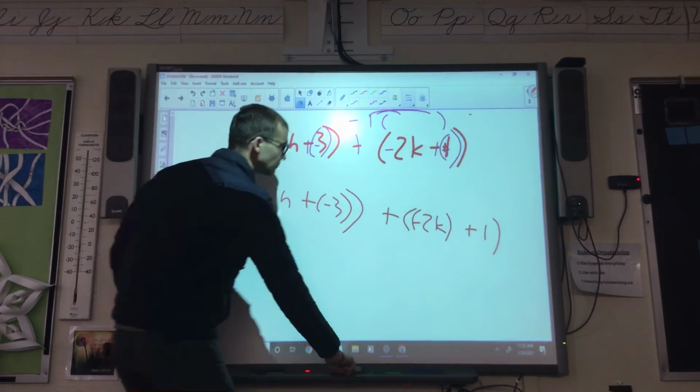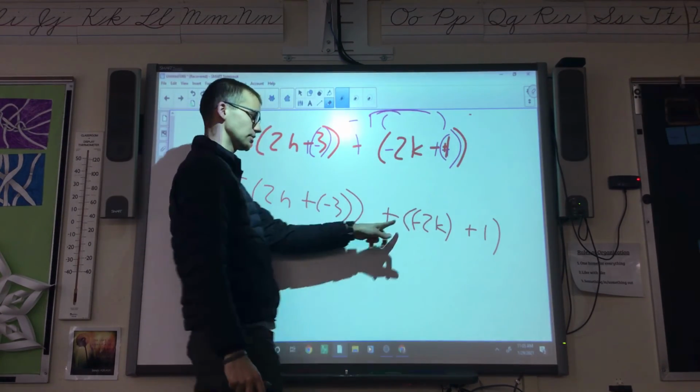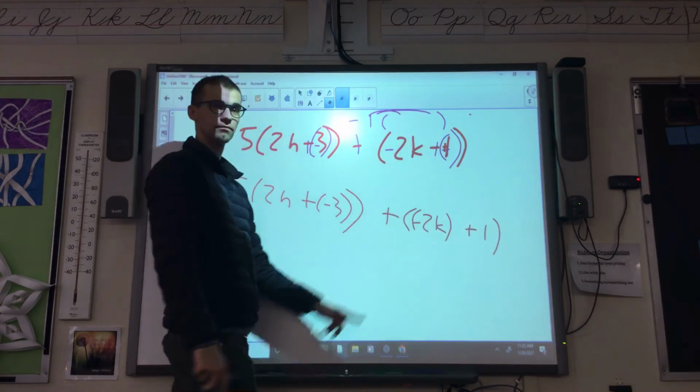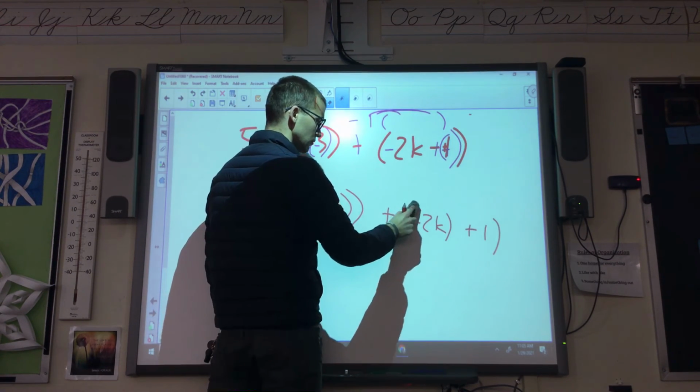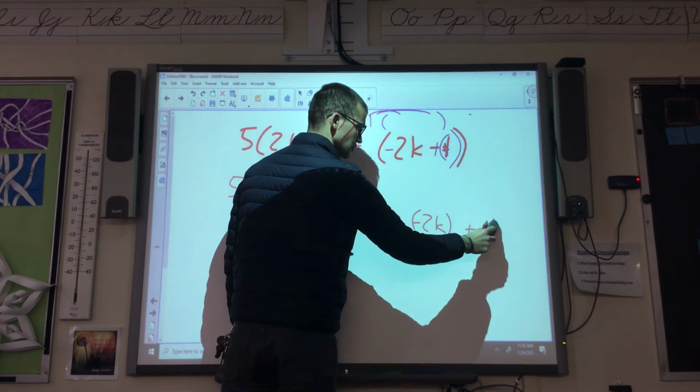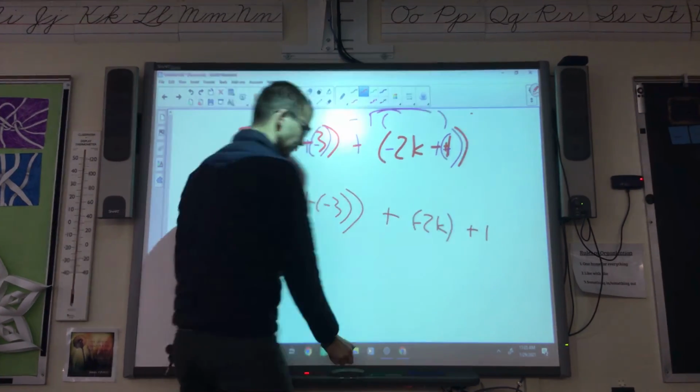And actually, is there any reason to keep these parentheses on the outside anymore? No, because you already distributed the negative, which was the only thing that there really was to distribute in there.